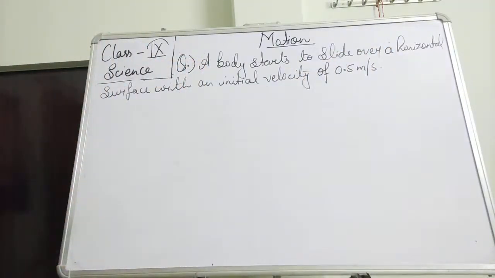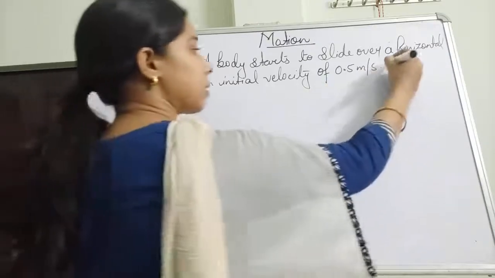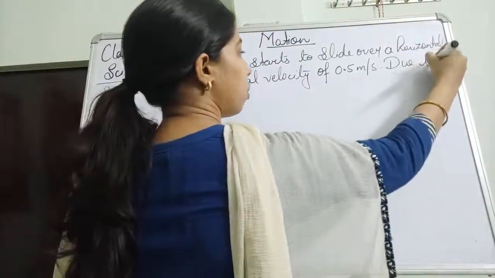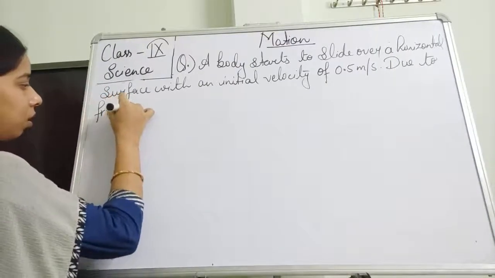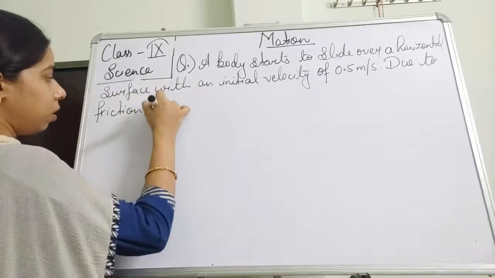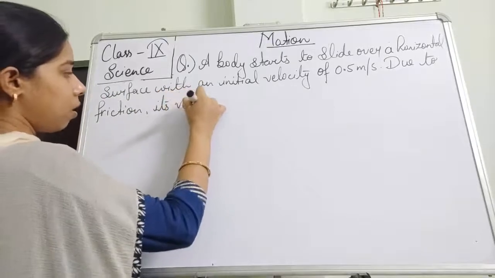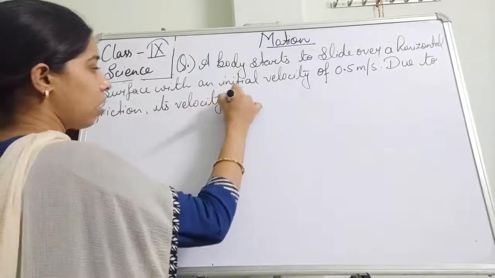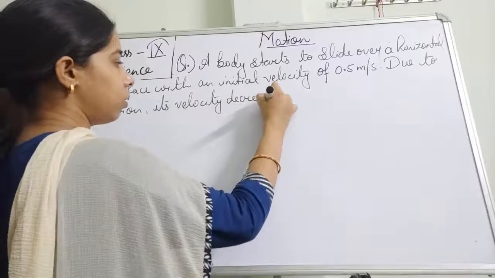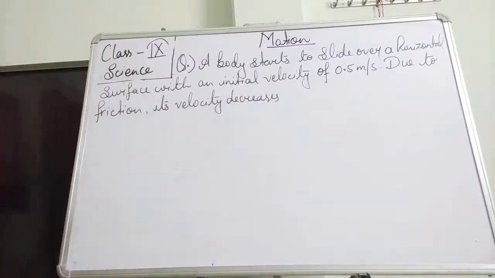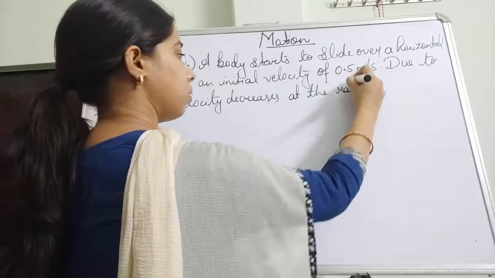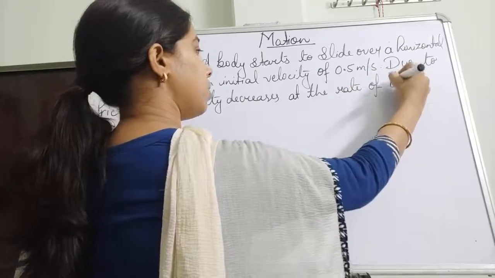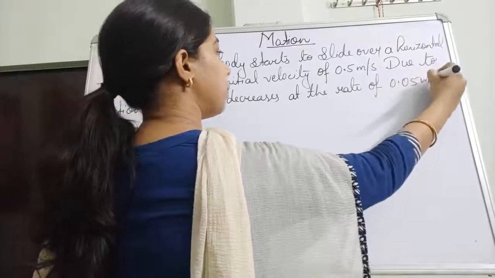Due to friction, its velocity decreases at the rate of 0.05 meter per second square.